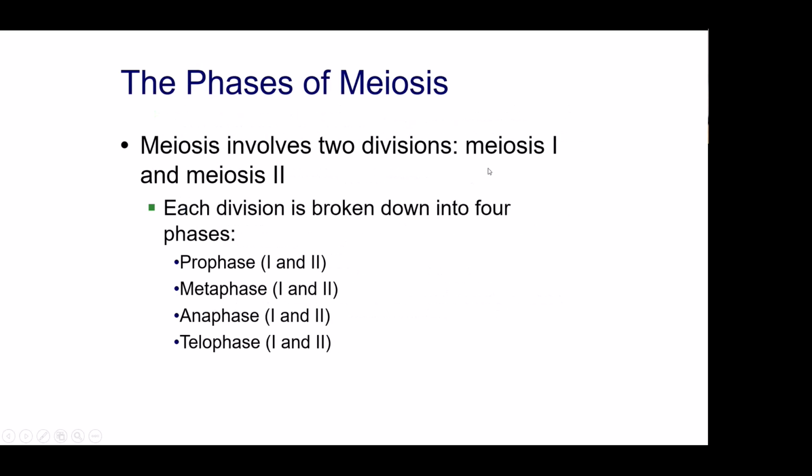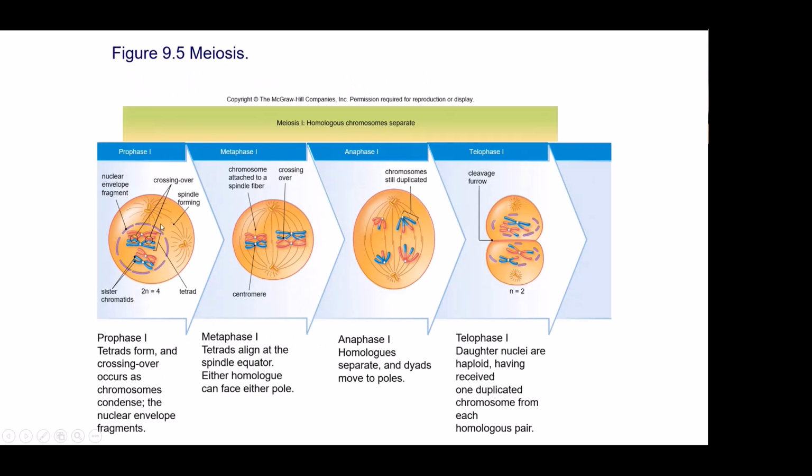So meiosis has two divisions of the nucleus, meiosis 1 and meiosis 2, and each one is broken down into 4 phases: prophase 1 and 2, metaphase 1 and 2, anaphase 1 and 2, telophase 1 and 2. In prophase 1, the same sorts of things happen.